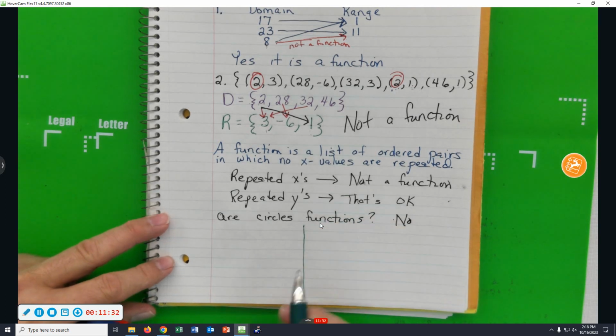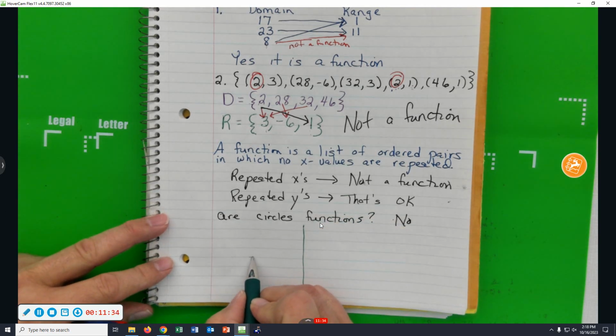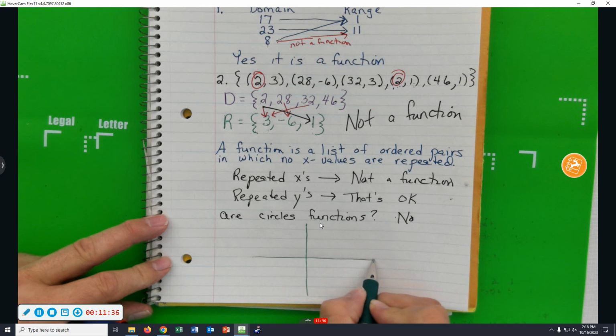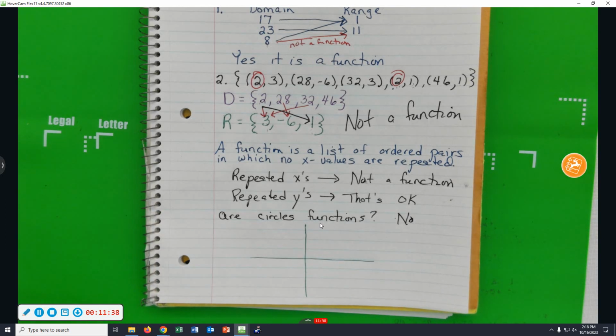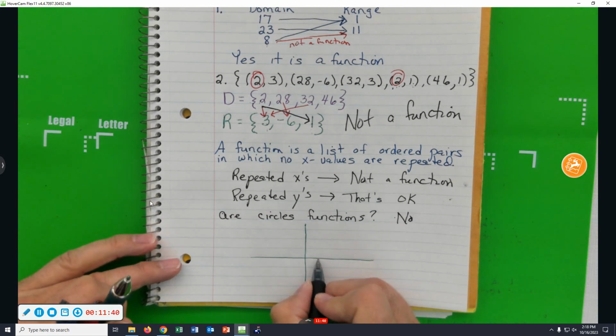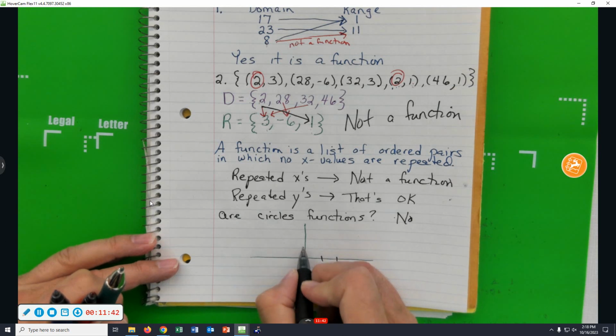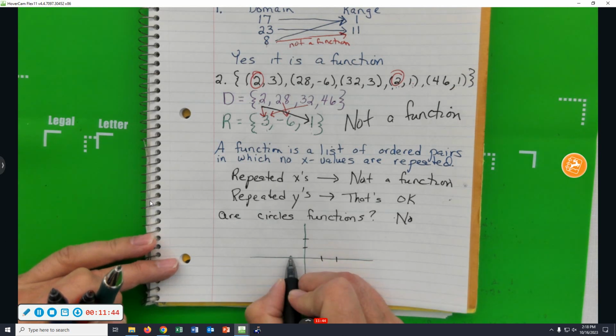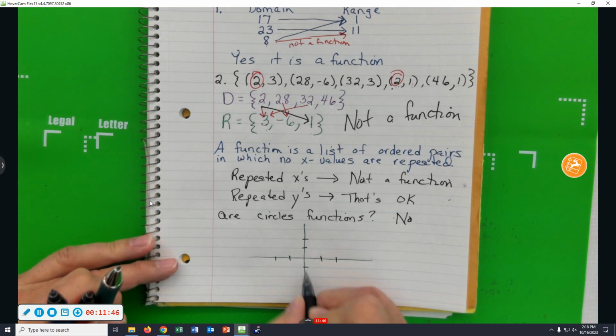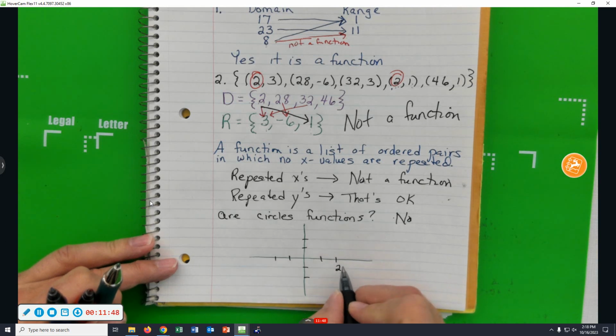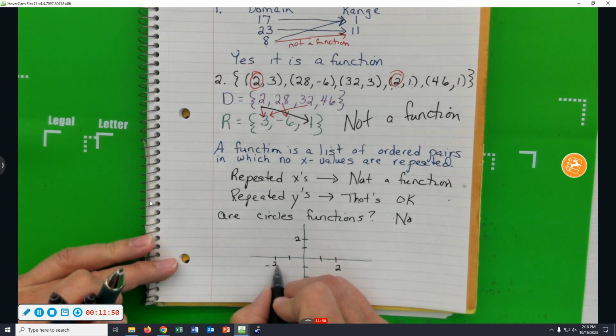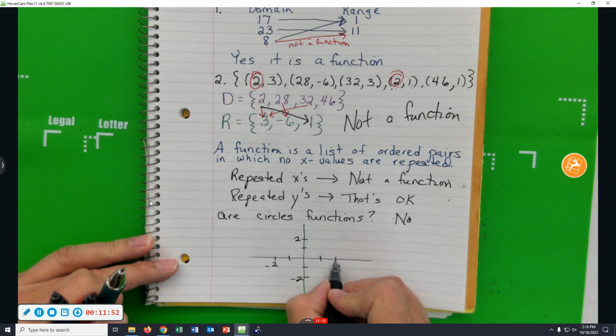If I drew a circle centered at the origin, if I drew an XY axis and drew a circle, I'm going to try to draw it with radius 2. Just pretend it's a circle, okay?